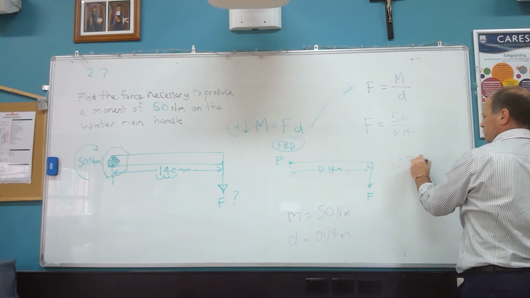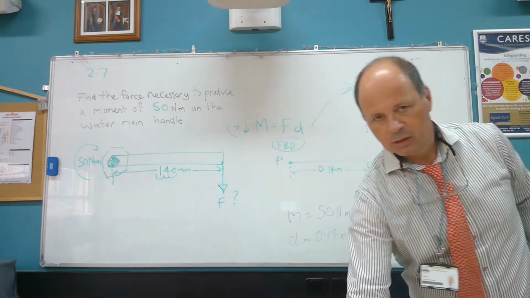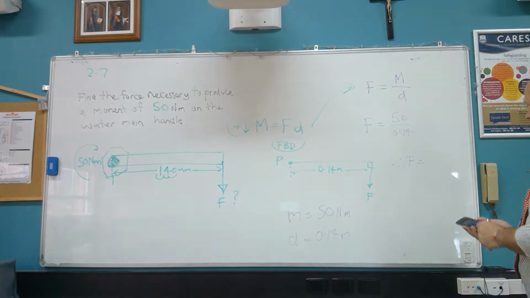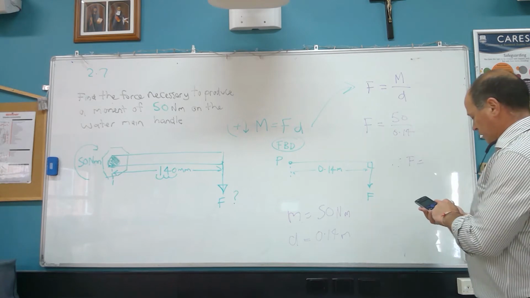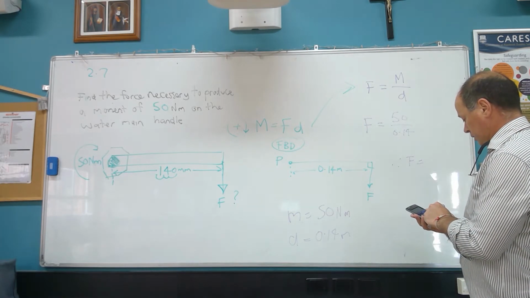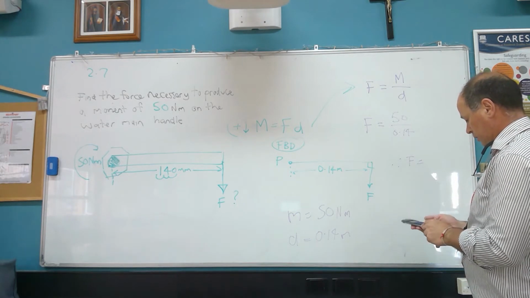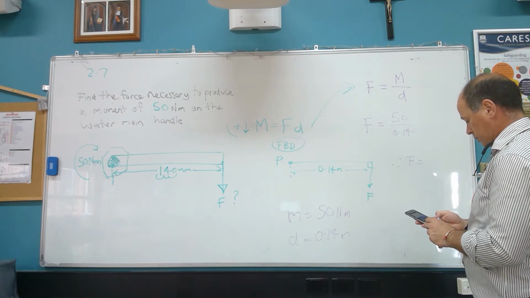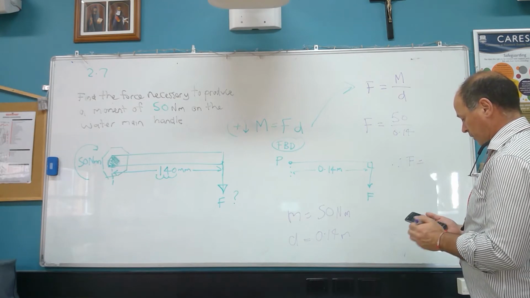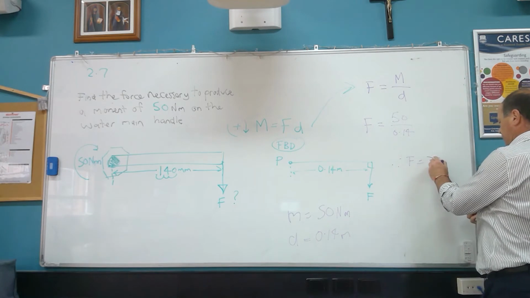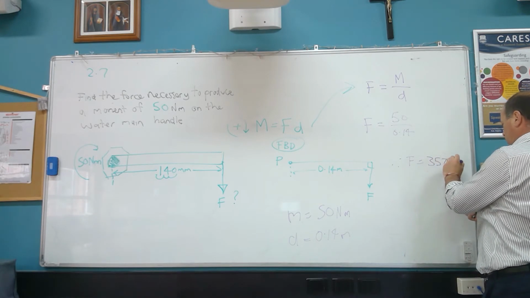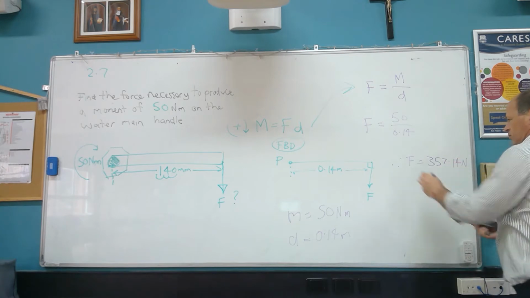Therefore, force in newtons is equal to, get out our calculator and go 50 divided by 0.14, and that gives us a value of 357.14 newtons approximately.